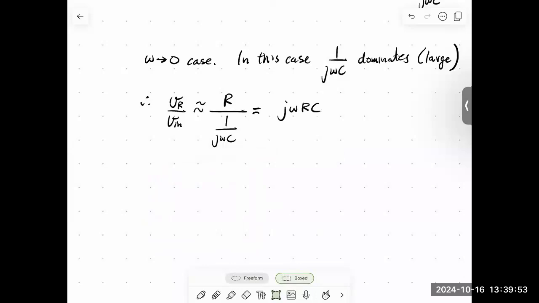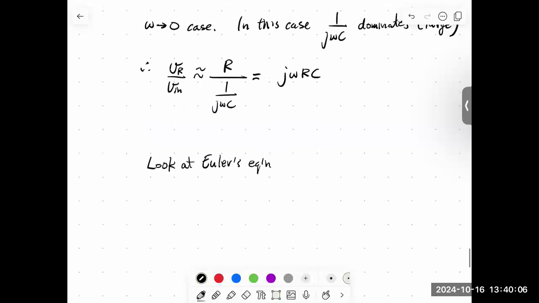Let's return to Euler's equation. Euler's equation said that e to the j phi was equal to cos phi plus j sine of phi. I'll first show you what some people call the most beautiful equation in math.